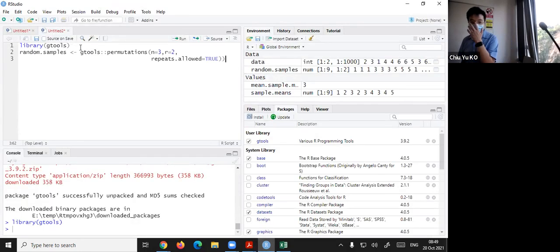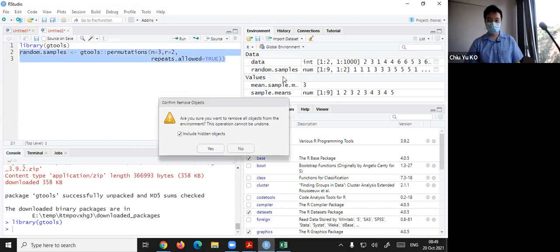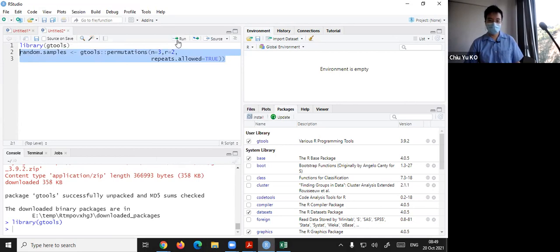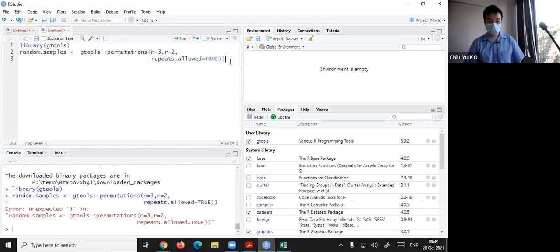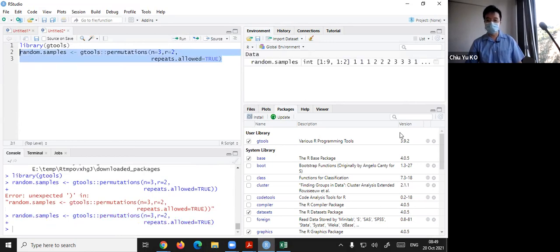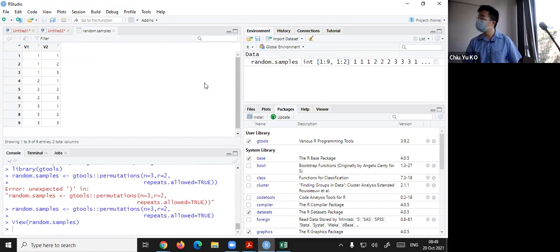Let me clean this up first. Look at this one. They're showing the different combinations. The first one is 1, 1, then 1, 2, 1, 3, 2, 1, 2, 2, 2, 3, 3, 1, 3, 2, 3, 3.